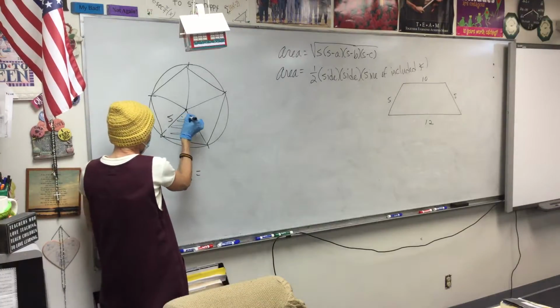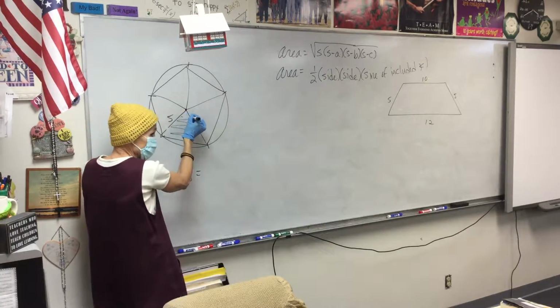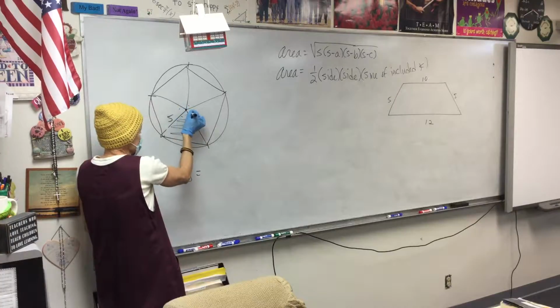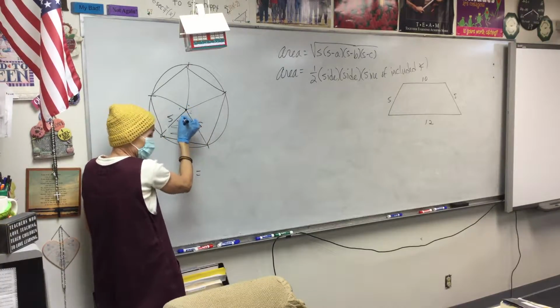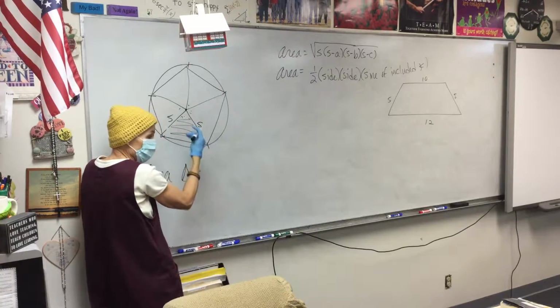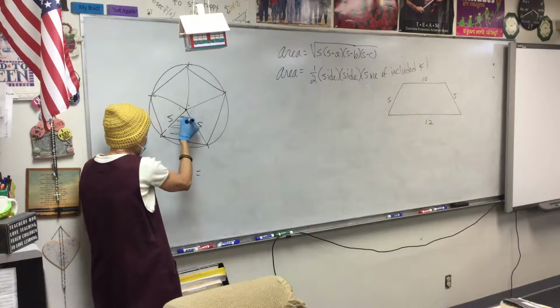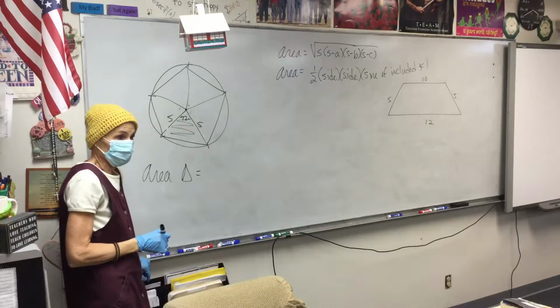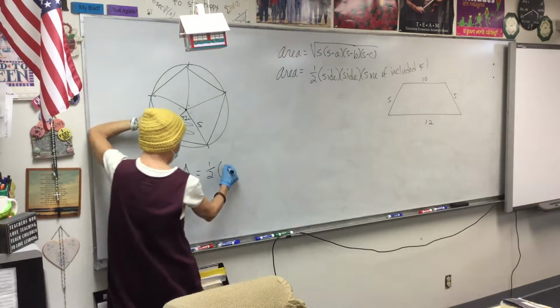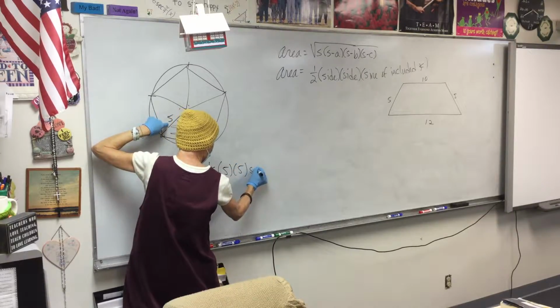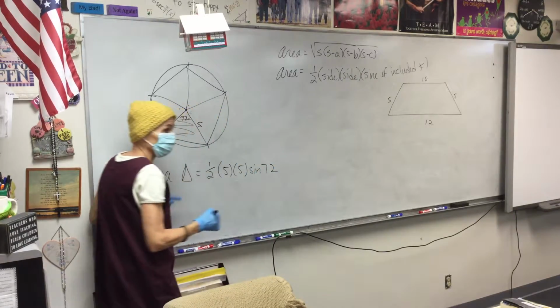Oh, we can find this angle quite easily because all of these are congruent. They all add up to 360, and there's 5 of them, so that must be 72. So the area of that triangle is one half times 5 times 5 times sine 72.